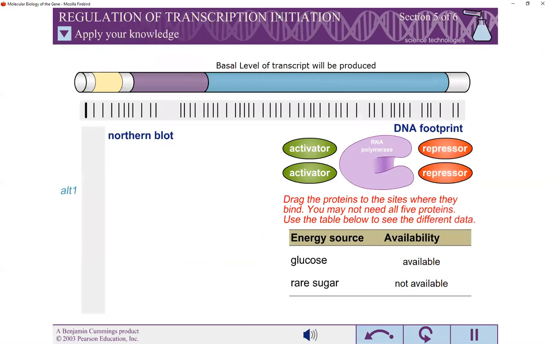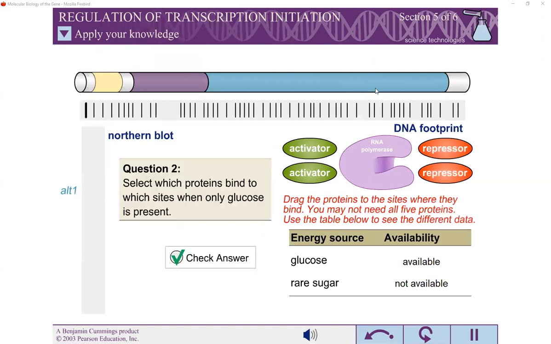Question 2. Select which proteins bind to which sites when only glucose is present. When only glucose is present, the repressor is going to be bound. Because here the DNA footprinting assay shows that no protein is binding. There is only a single site where the proteins could bind. Which protein could bind when glucose is present and the rare sugar is absent?